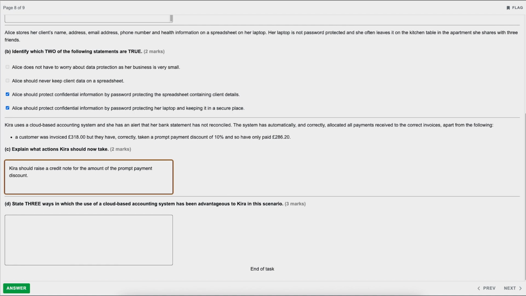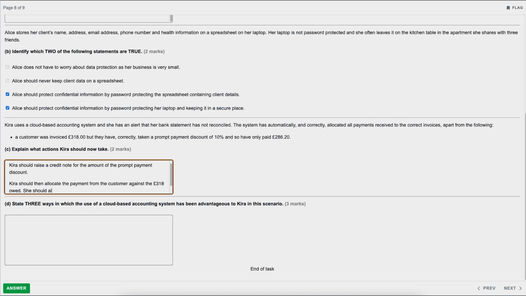So what she would need to do, point number 2, is allocate. So Kira should then allocate the payment from the customer against £318 owed.